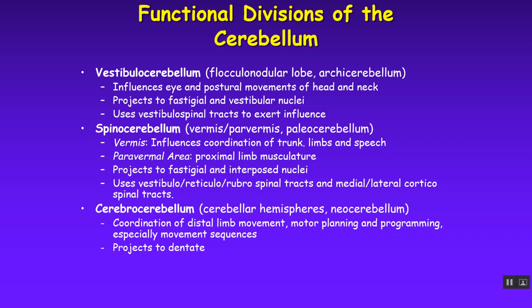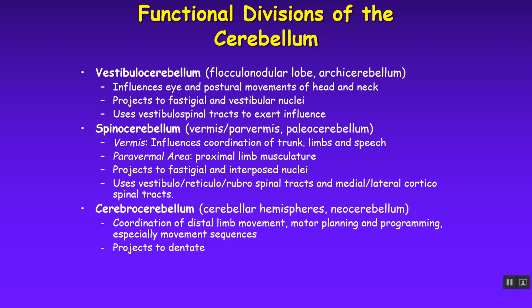The spinocerebellum is the vermal and paravermal regions. The vermis, which is right in the center, has to do more with coordination of the trunk, proximal limbs, and speech. Okay, think right down the center. Your mouth is right in the center of your body, your spine and trunk right down the middle.